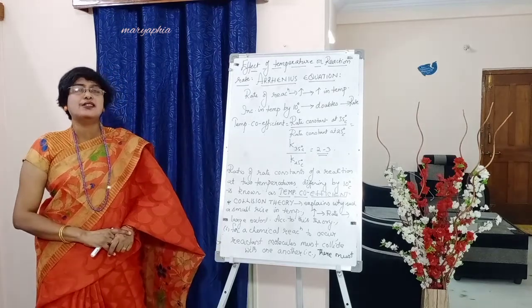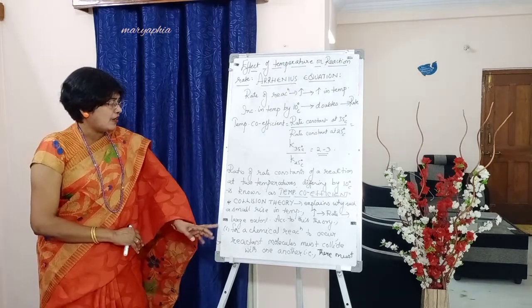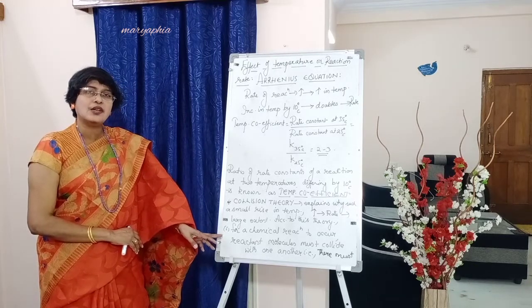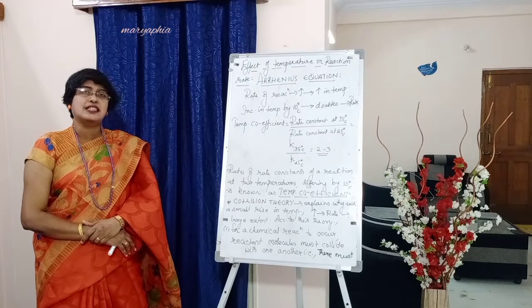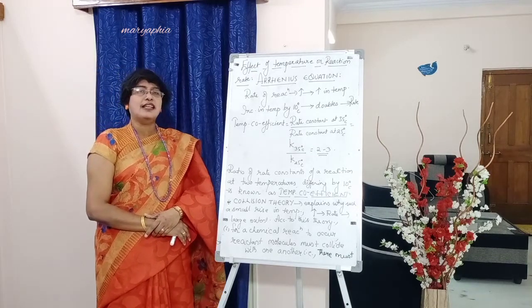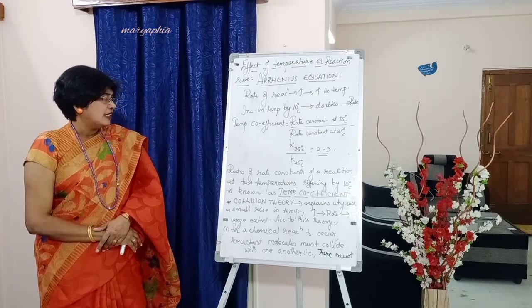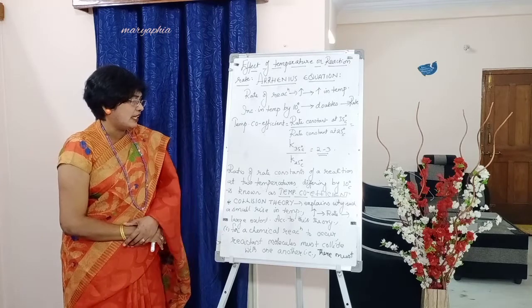Full stop. According to this theory, below write down, students, point number 1. What are the points given by the collision theory? Okay. The first point given by the collision theory, write down.